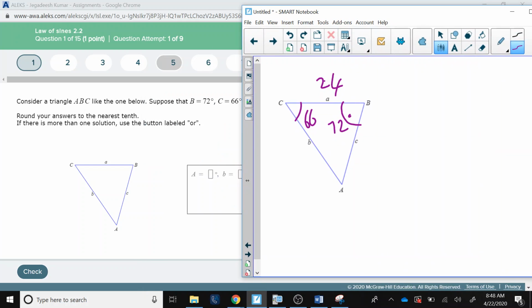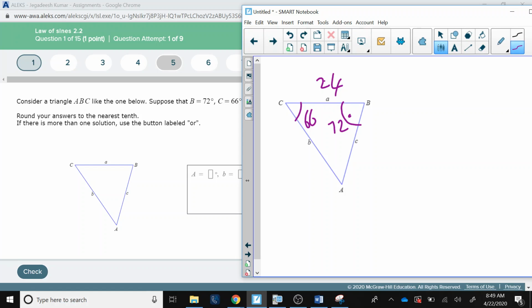Solving a triangle means finding all the measurements of the triangle, including the lengths of the other two sides and the third angle as well.